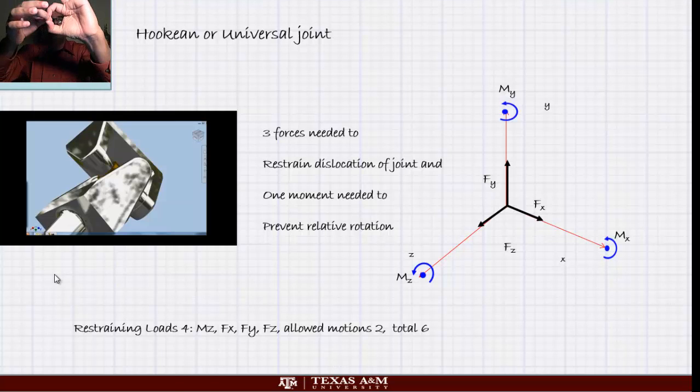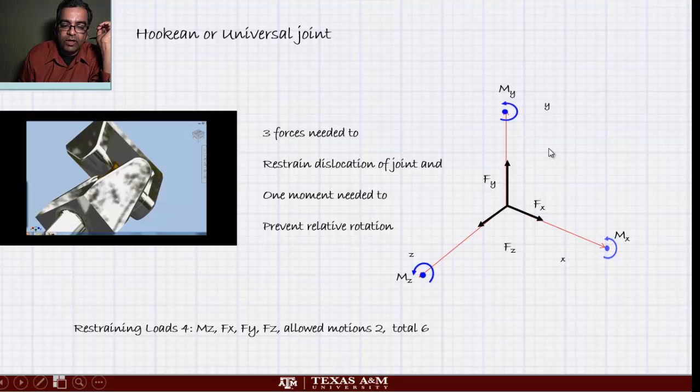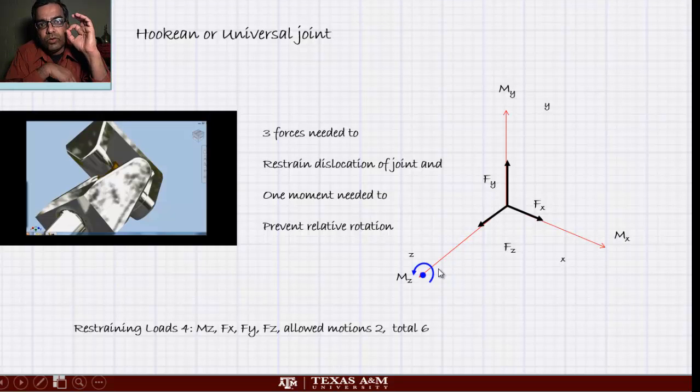It will prevent all kinds of translational motions because it will not allow you to dislocate this joint. So you will see that there are two motions allowed and 4 others left. So 2 plus 4 is 6. That's how it works.